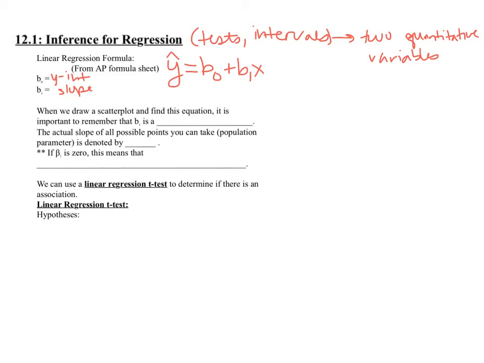The one thing I want you to know for this first part is that the b1, the slope, is not the parameter. You're going to collect a set of data and try to make an equation to fit that data. The b sub 1 is a sample statistic.